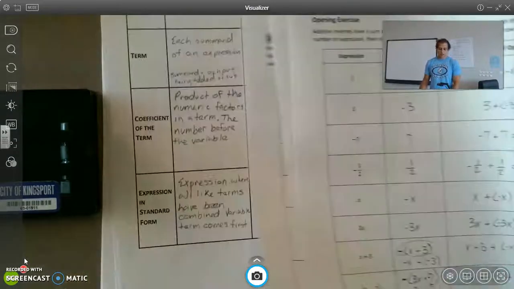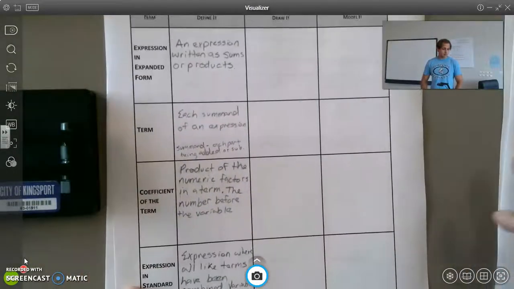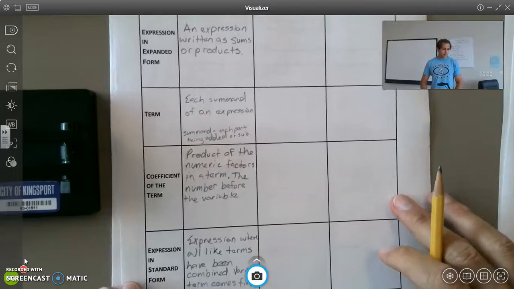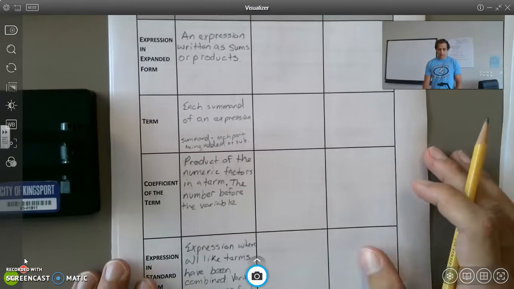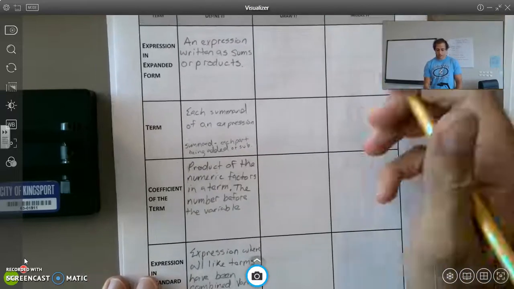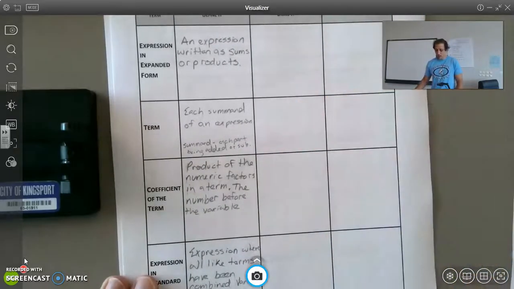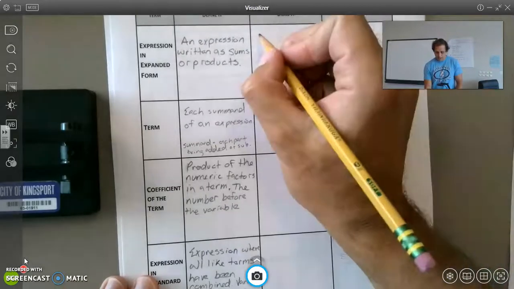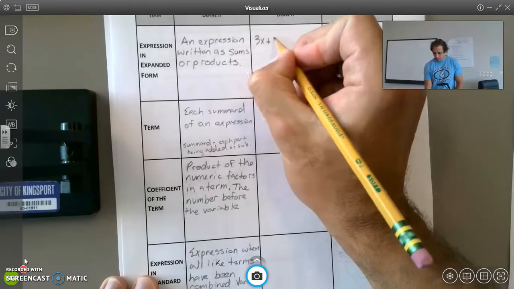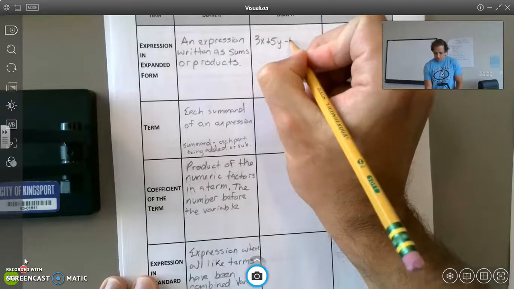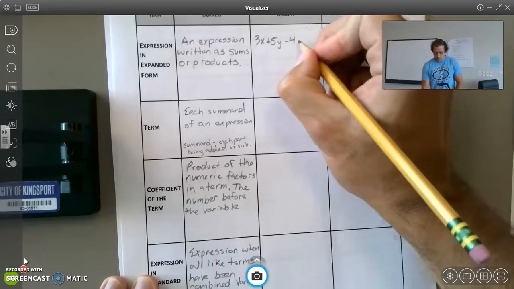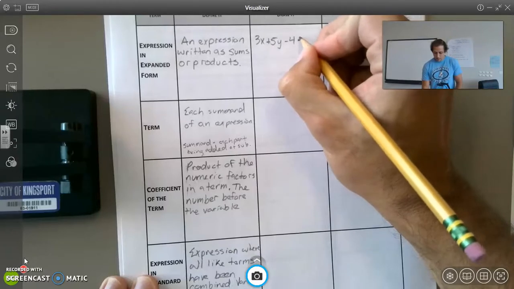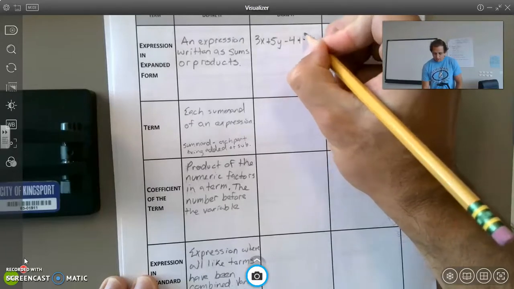We could actually switch over to your vocabulary at this point, and I'm going to provide that vocabulary for you right here, and you can pause the video and write it in. But an expression in expanded form is like we began with earlier, where we had something like 3x plus 5y minus 4 minus or plus negative 4x, right?